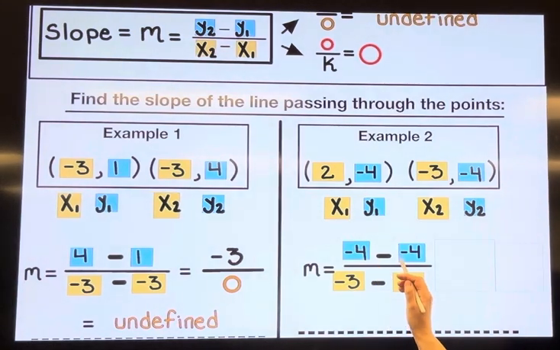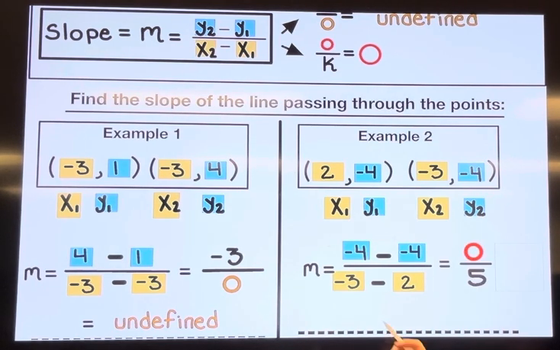Minus a negative is plus. So I have negative 4 plus 4, which is 0. And negative 3 minus 2 is negative 5. And 0 divided by negative 5 is equal to 0, because it doesn't take any negative 5s to make the number 0.